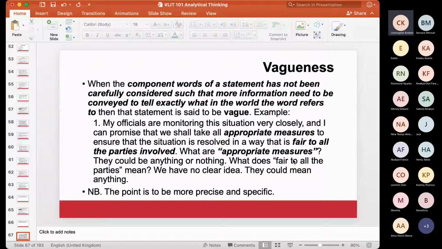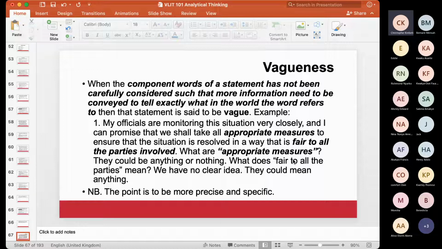Somebody wants to revenge against a person, then they come in and say love, but you clearly will find out that it is about vengeance. So love can mean so many things. That is what makes the word vague. And if you communicate that to a person and the person understands it differently from the way you have said it, then we are saying that that statement, that claim, that language is vague.